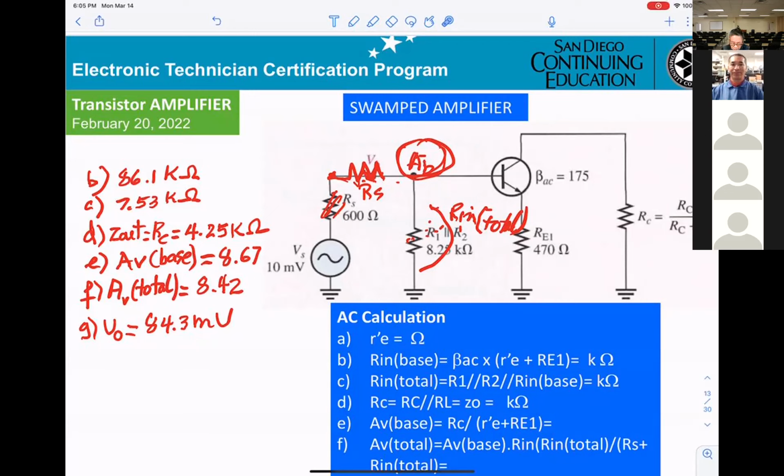Question, Mr. Flynn. Just a technical question regarding the generator. The generator has a 50 ohm resistor in its output before the RS resistor. No. On this one, they gave you 600 ohm, not 50.